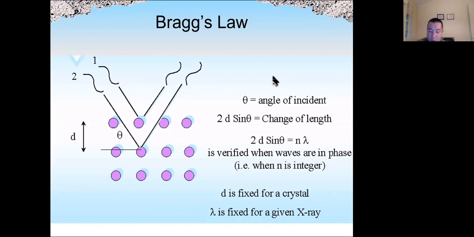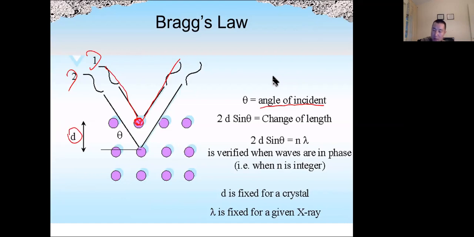Let's say we have a crystal and the distance between certain atoms is fixed, distance d. Let's say we have V1 here and V2 there. V1 will meet these atoms and be reflected back, and the angle of the wave is called the angle of incidence. Now look at wave 2.